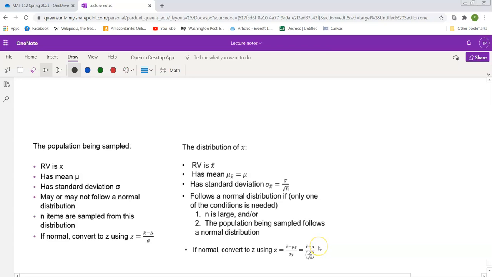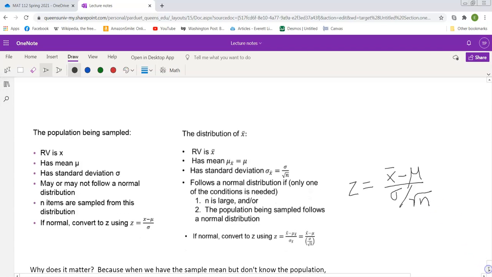And that comes out to be, I don't know if you can see that being so small, we know that mu sub x bar is mu, so that's just mu, over sigma sub x bar is sigma over the square root of n.